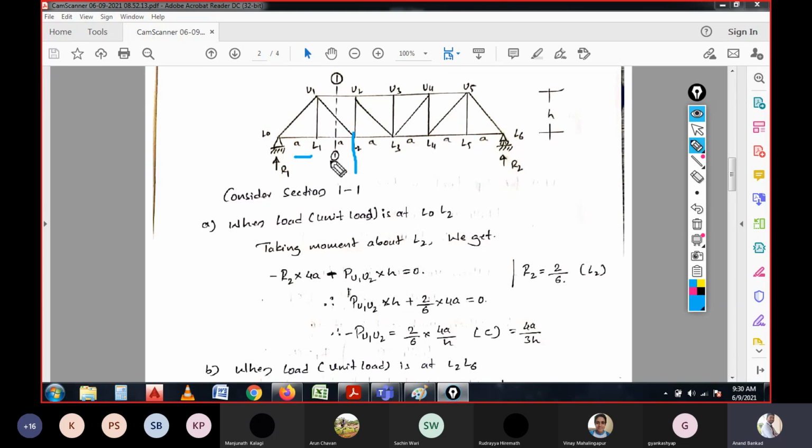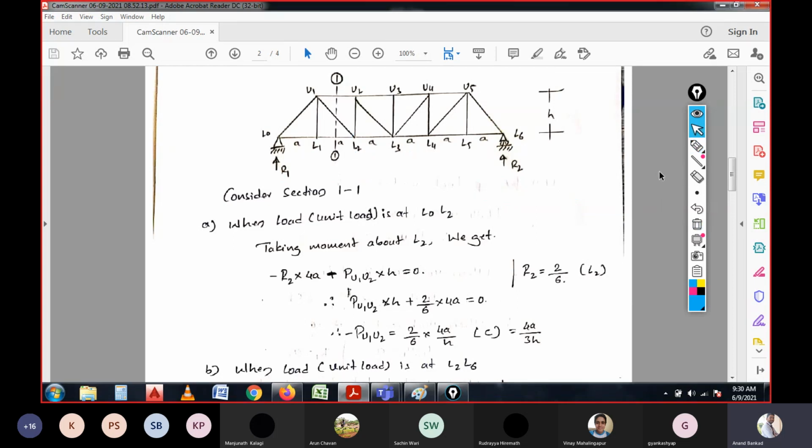On the opposite side we have two spans, so R2 will be 2 by 6. R1 will be 4 by 6, because you have 1, 2, 3, 4. For R1 you need to consider this section. For R2 we have to consider the opposite other side of the section where we have considered.